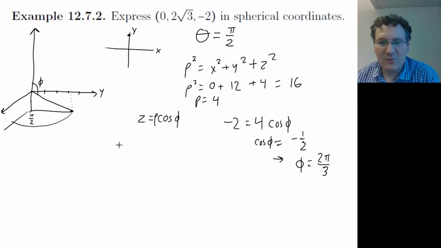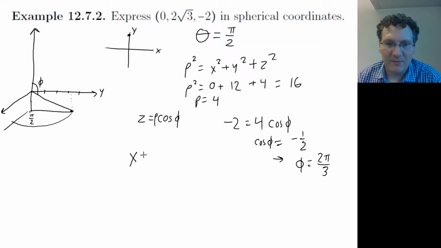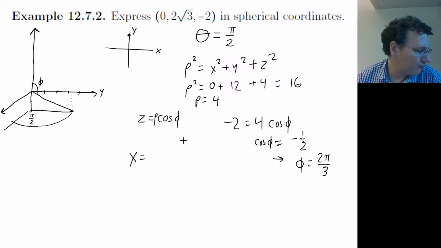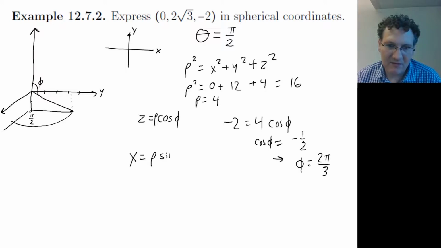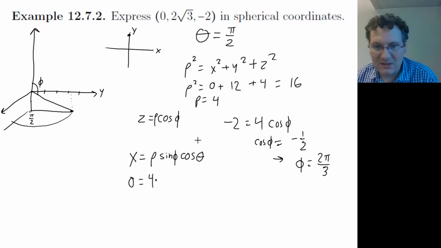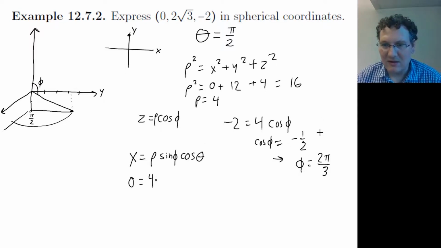And you can take the other one, say x, for example. x is rho times the sine of phi times the cosine of theta. Well, we have 0 equals 4 times the sine of 2 pi over 3, that's root 3 over 2, times the cosine of theta.